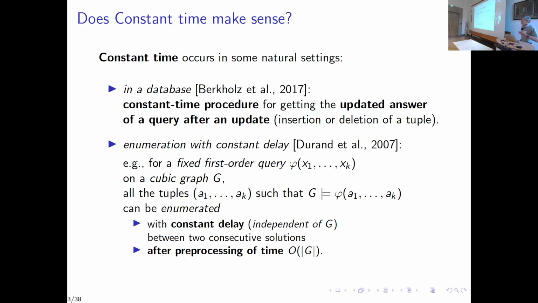For example, this example, you see it. The query, the first order query. It's very natural. It could be graph. The tuples can be enumerated, can be computed with constant delay after a processing, which is linear, and it's minimal.